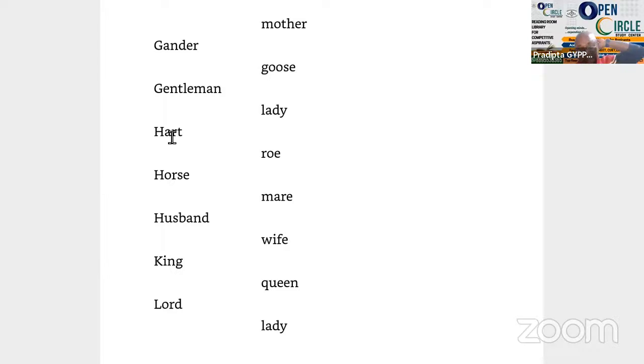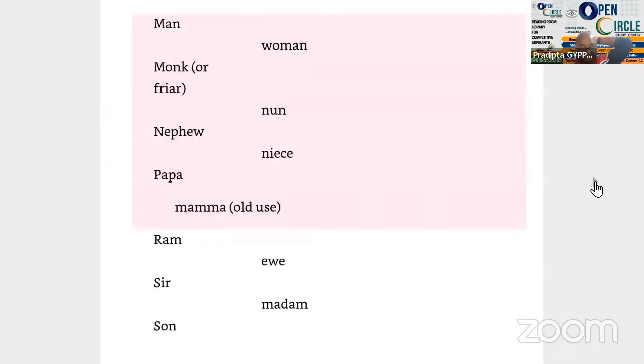Lal rang ka hiran. And the female would be roe, hart and roe. Horse, mare. Husband, wife. King, queen. Lord. Lord means zamindar, not Bhagwan. Lord, lady. Understand?